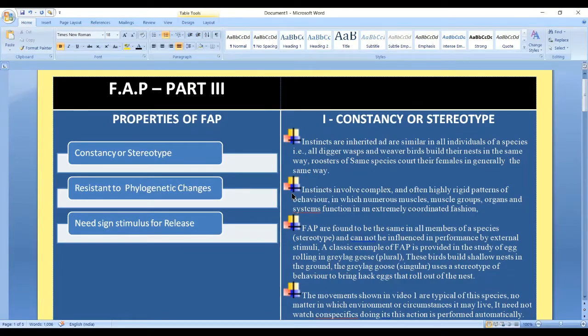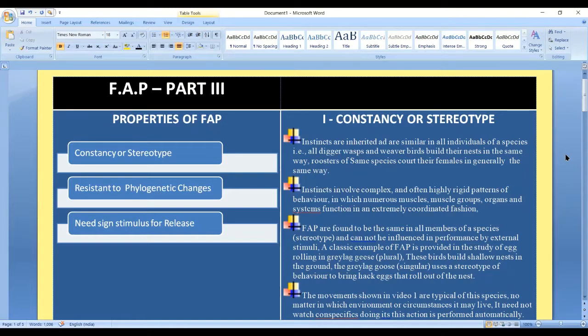There are three properties which are included in the fixed action pattern. The first is constancy or stereotype. The second is resistance to phylogenetic changes. And third is the need for a sign stimulus for release.